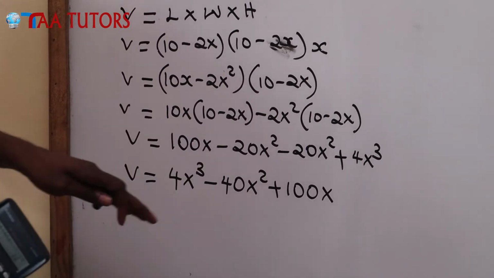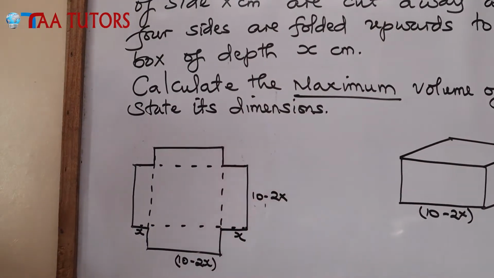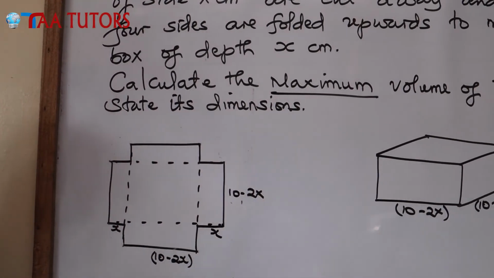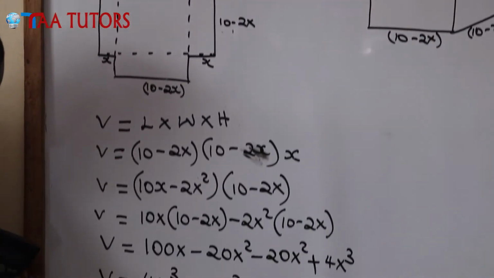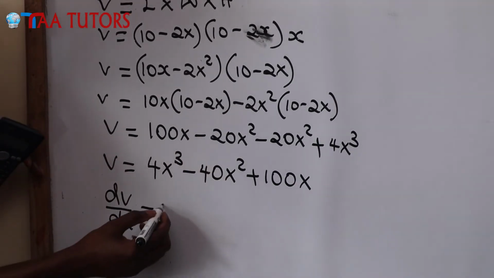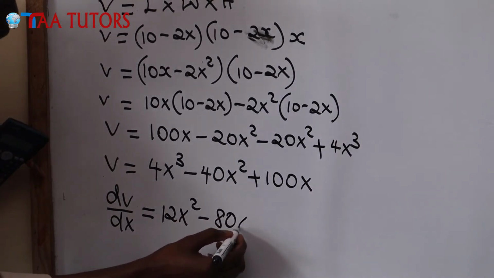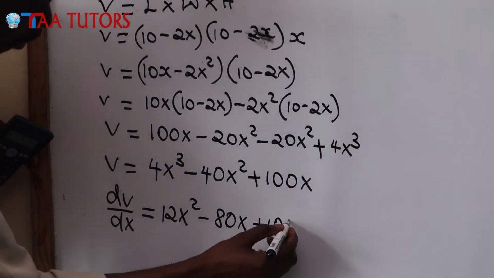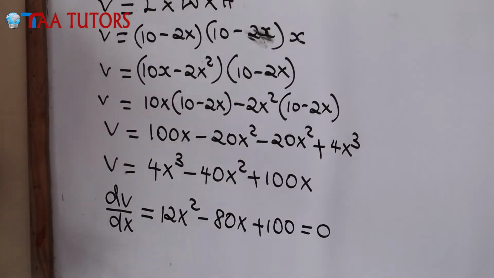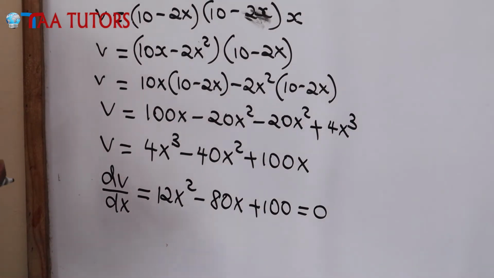Now, because we have been told to get maximum volume, at maximum volume, dv/dx equals 0. So let me say dv/dx equals 12x squared minus 80x plus 100. This one equals 0 at maximum volume.